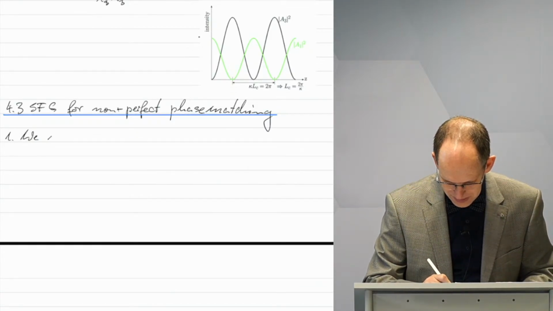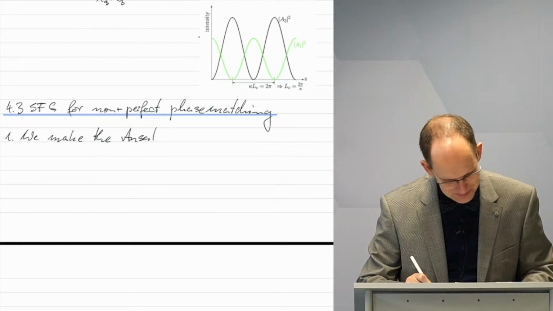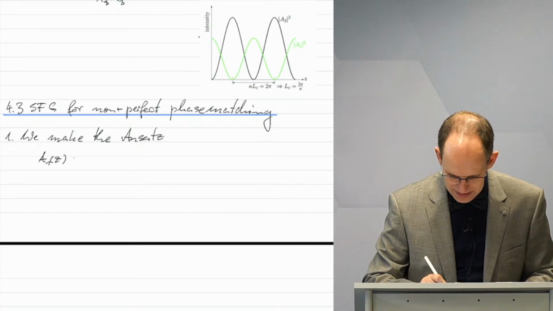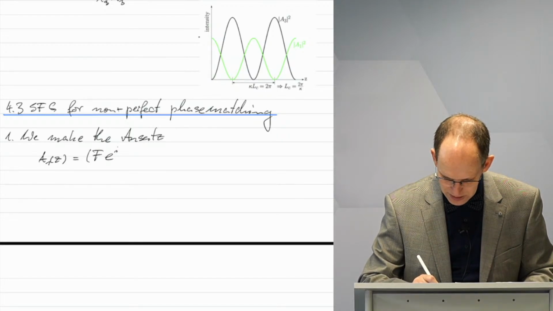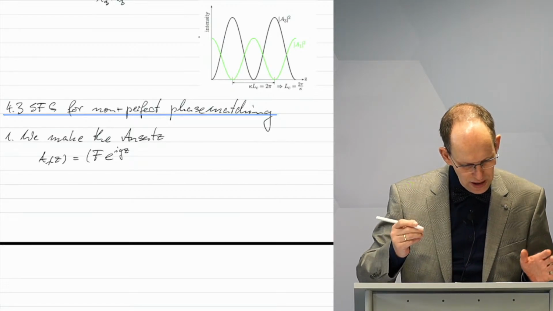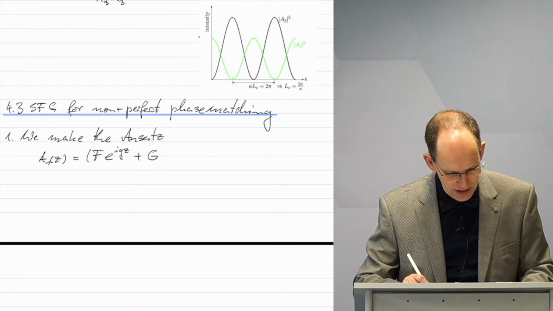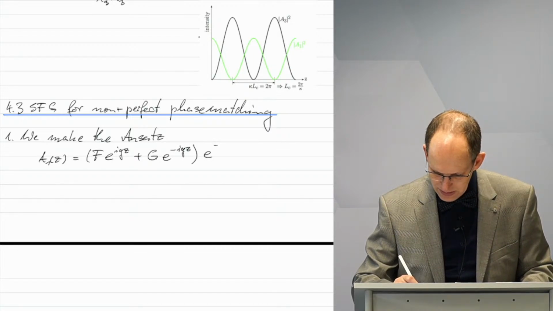So we make the Ansatz that A1 of z is equal to some constant F, which is supposed to be independent of z, times the exponential of i g z, where g is another constant, plus capital G times e to the minus i g z, and then e to the minus i delta k z over 2.